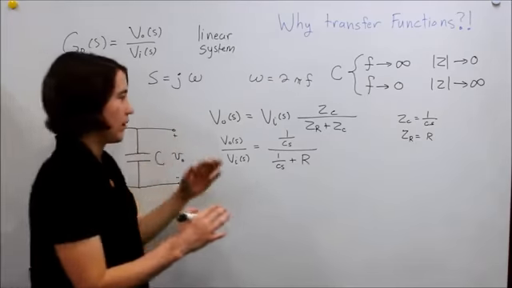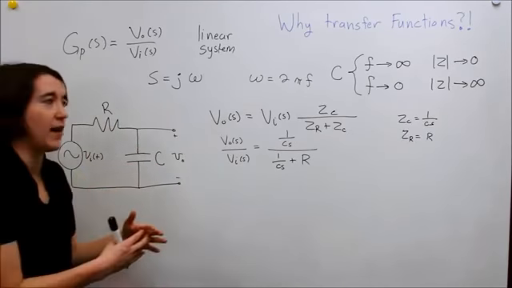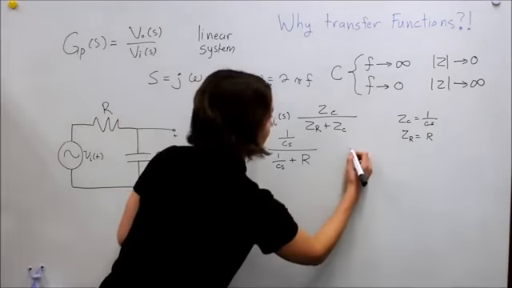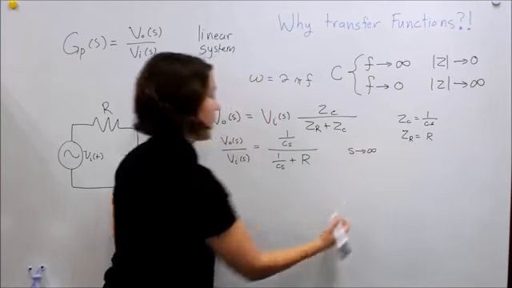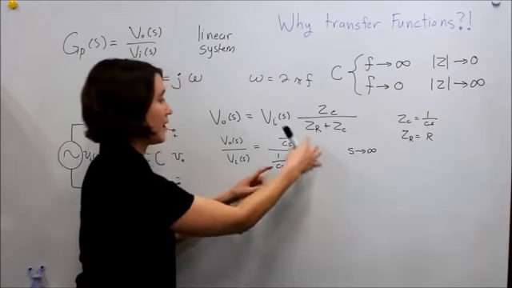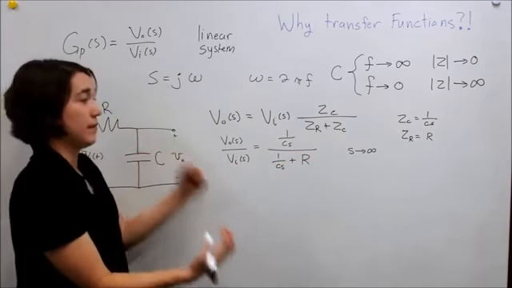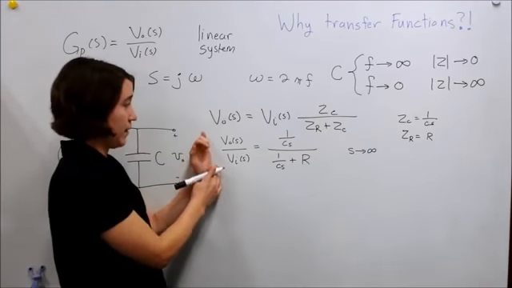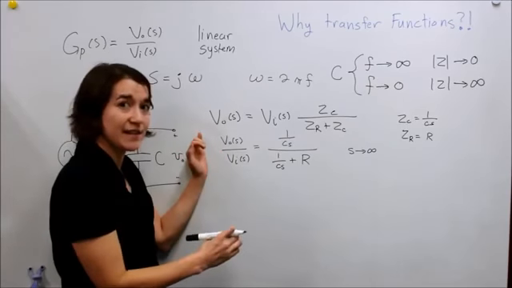So if we see this circuit and we say, how does it react when we have a very high frequency? So let's look at S going towards infinity. Well, we see that if S goes towards infinity, these are both 0, and so we're left with 0. So this figure here, which can also be thought of as the gain of the system.